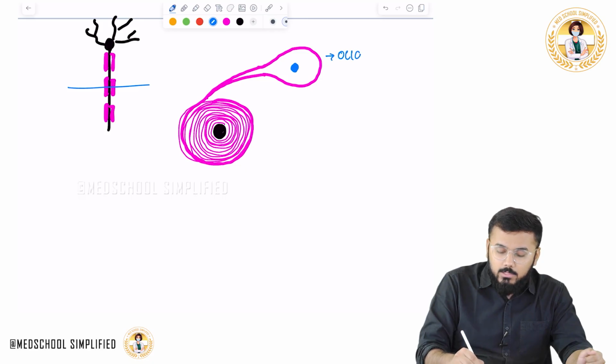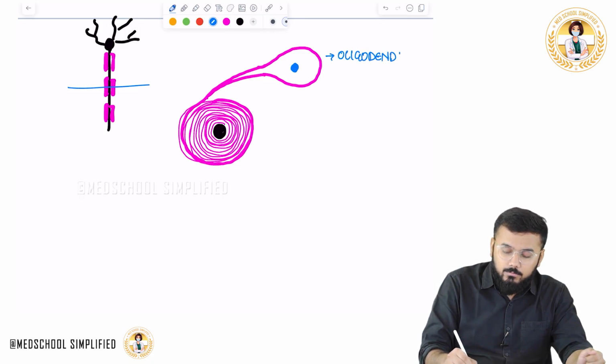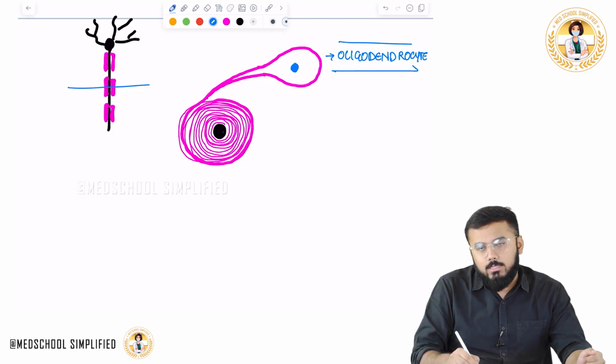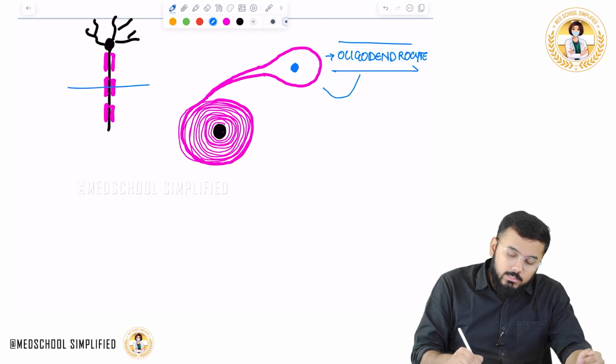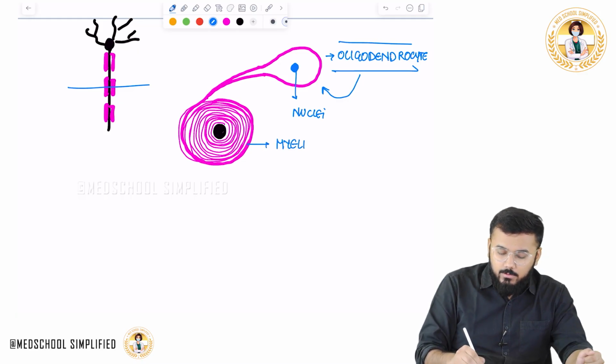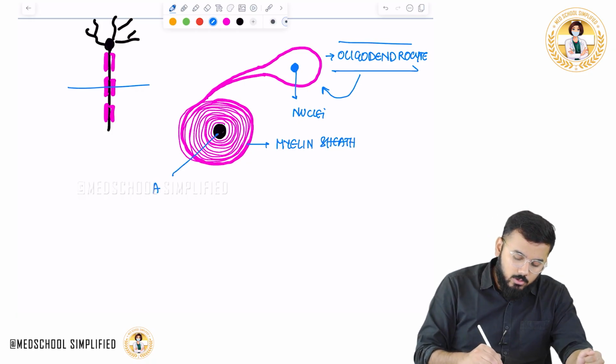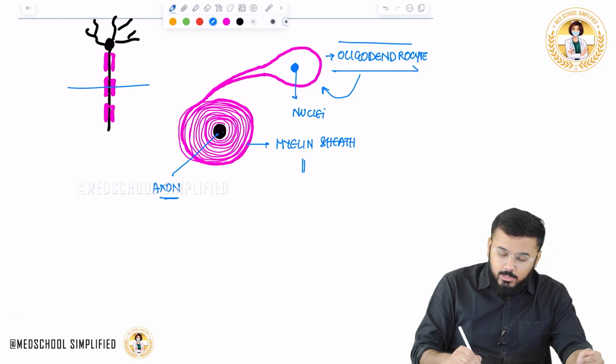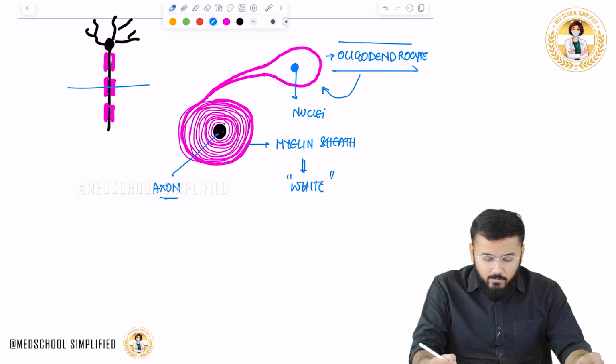This cell is called oligodendrocyte. About oligodendrocytes and Schwann cells, I have already discussed in much detail in the previous lectures, so please do watch that. So, this is the oligodendrocyte and this is the nucleus of the oligodendrocyte. This oligodendrocyte synthesizes this myelin sheath around this central axon. And it is because of the myelin sheath that the matter is completely white. If there were no myelin sheath, then the matter would not have been white in color, right? So, this is one of the important things which you need to know.